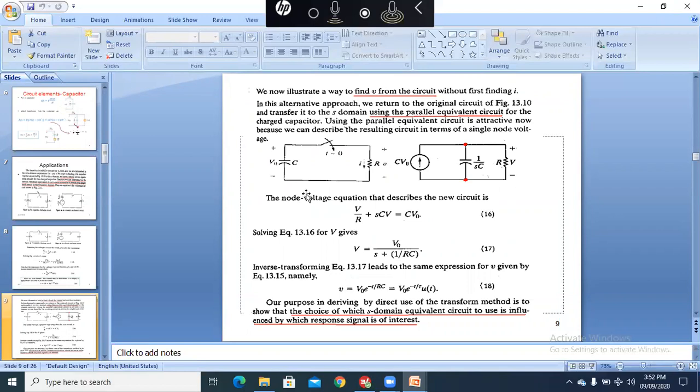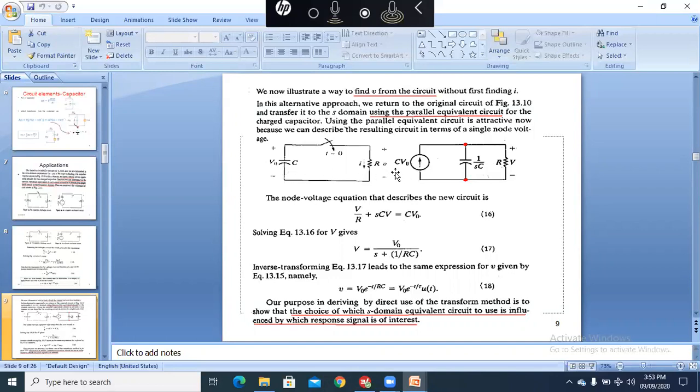If we have to find the value of the current across the resistor, or the voltage across the resistor, we can also replace this initial voltage with a current source.